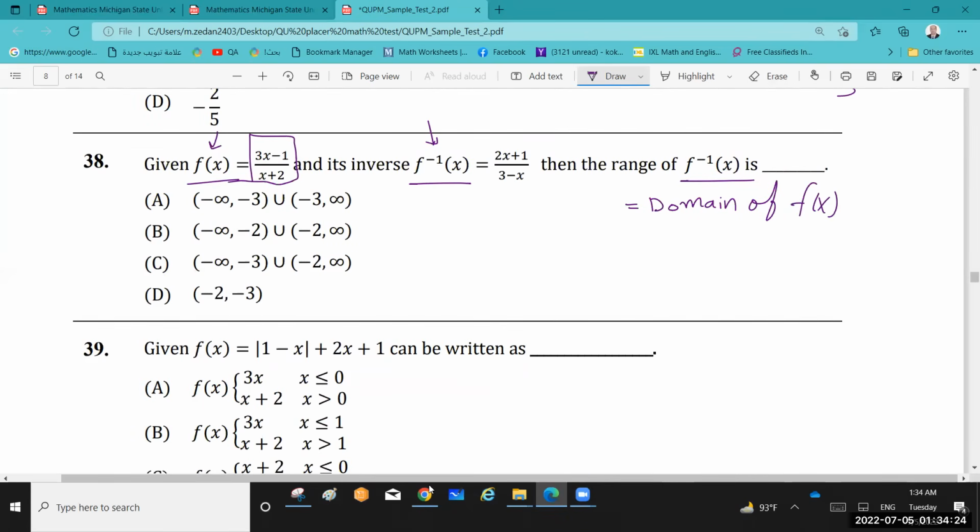The domain of any rational function, as I told you before: put the denominator x plus 2 not equal to 0. This is the domain, x is not negative 2. If you exclude negative 2 from the entire number line, now you can write it as a union of two intervals: negative infinity to negative 2, union negative 2 to infinity. That's option B.